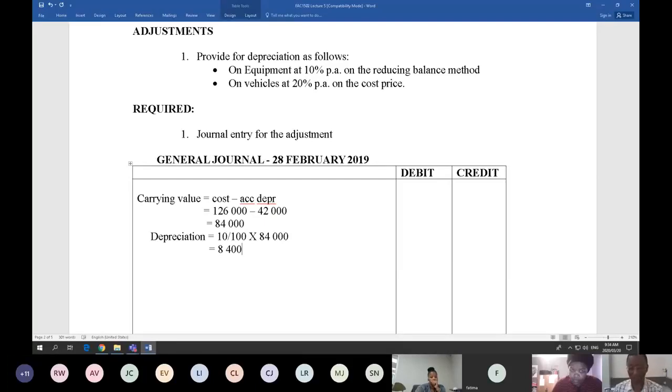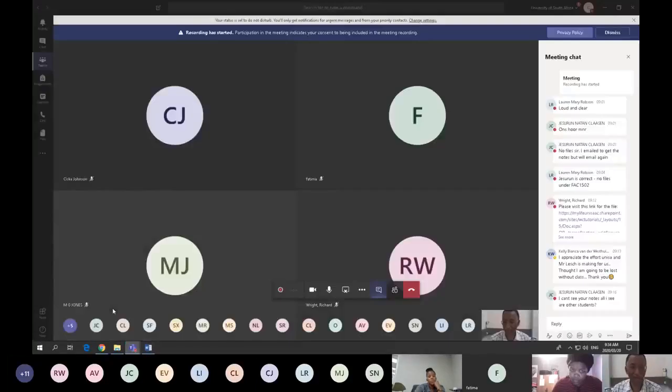So if you want to calculate your depreciation on the diminishing balance method, you must first calculate the carrying value. Go to the example. Carrying value of equipment is the cost of 126,000 minus the accumulated depreciation of 42,000, and that will give you a carrying value of 84,000. You apply the rate of depreciation, which is 10% on that amount, and that will give you depreciation of 8,400 Rand.